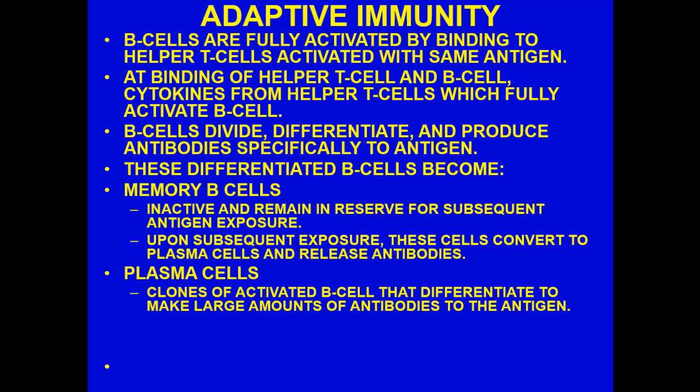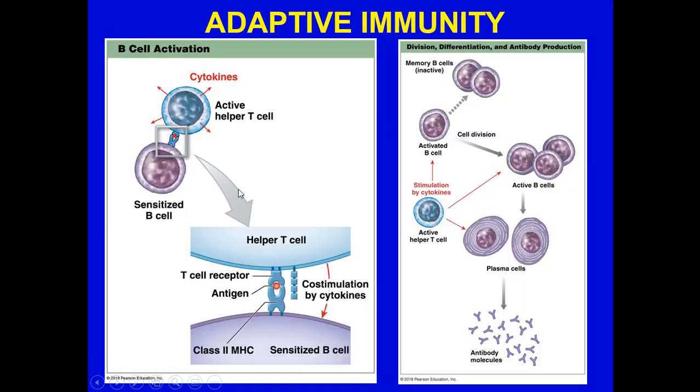You're not sick because some of your memory Bs remain in reserve, basically inactive, for subsequent exposure to, in this case, the measles virus. Whenever it shows up, they start pumping out antibodies and they start binding to the virus and neutralizing it. Okay? That's to give you some perspective there. And we can see how this goes: B cell activation, division, differentiation with antibody production.